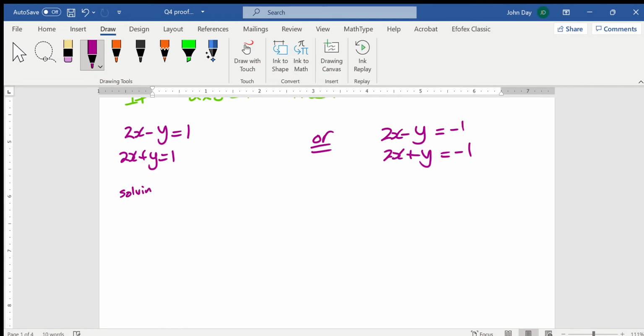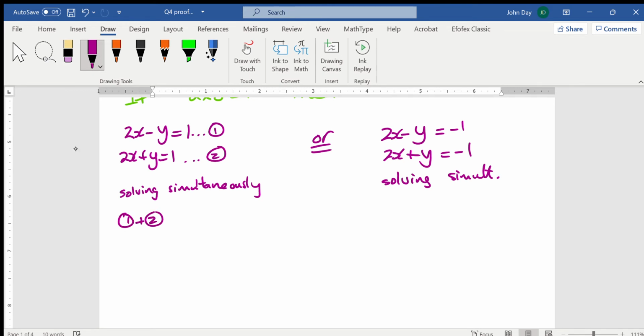Solving simultaneously. So if I add the two equations here, I get 4x equals 2, so x equals a half.